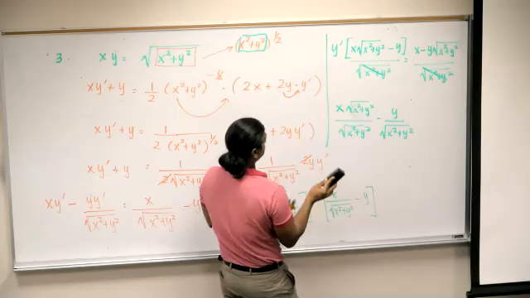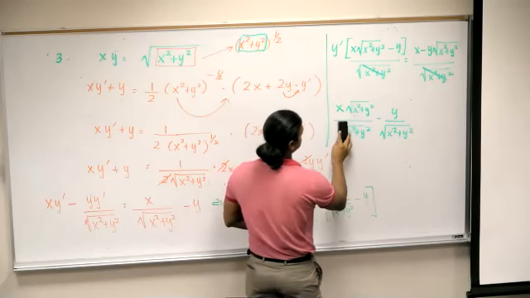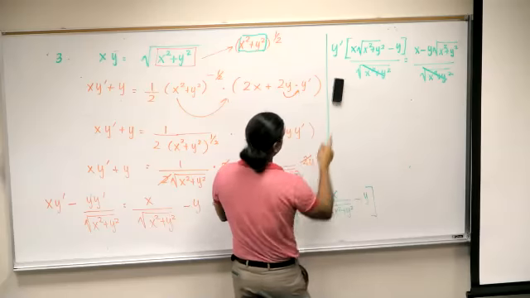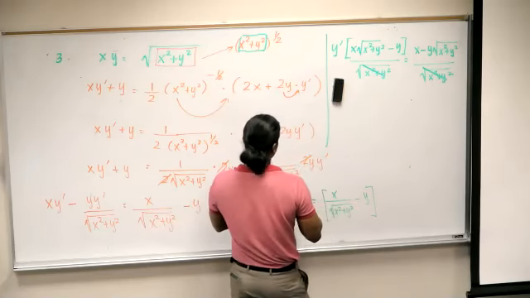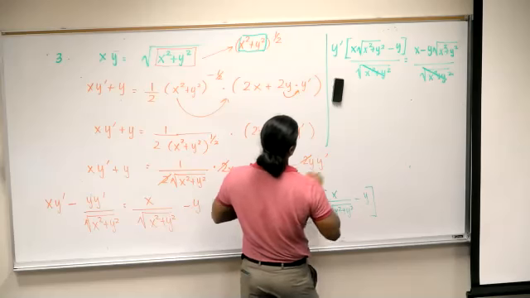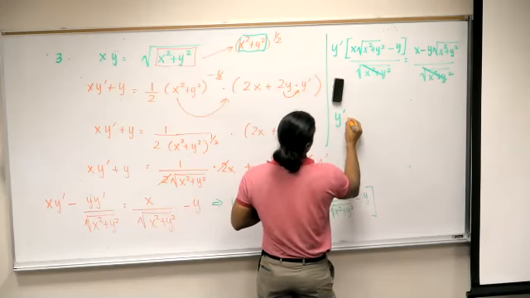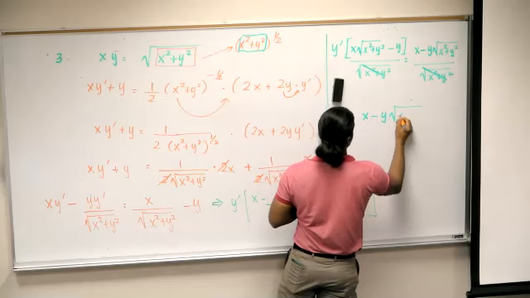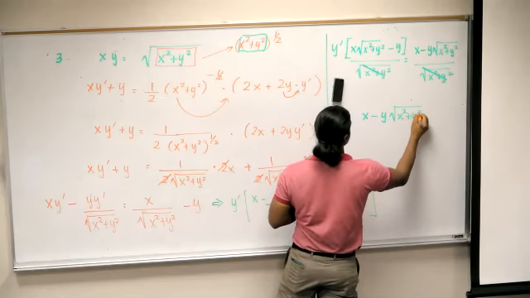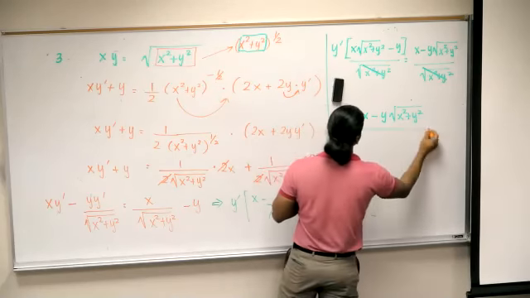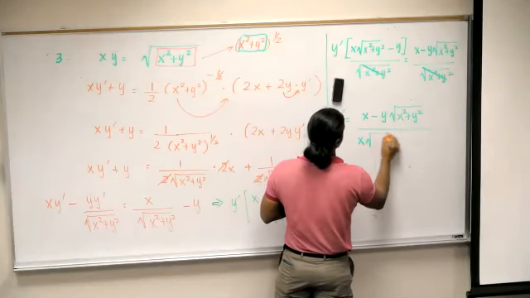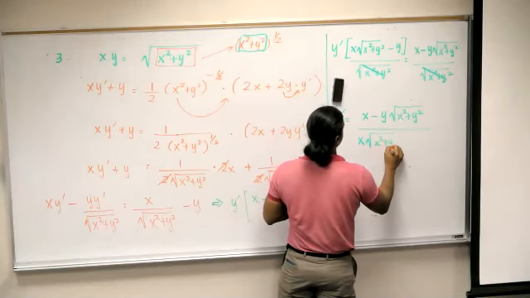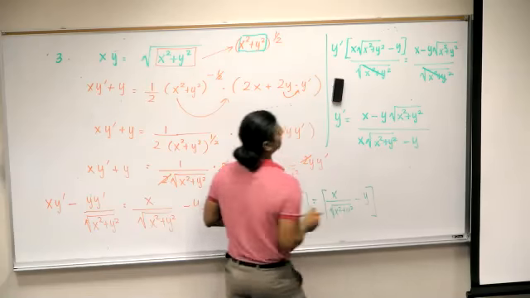Divide by that term on both sides. So y prime is x minus y square root of x squared plus y squared, divided by x square root of x squared plus y squared minus 1.